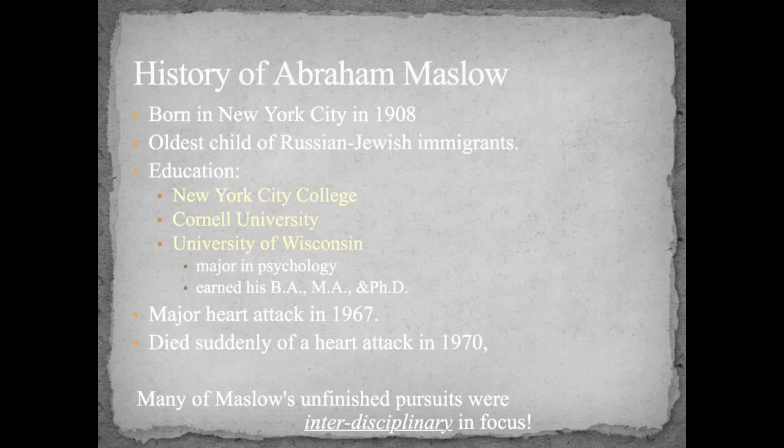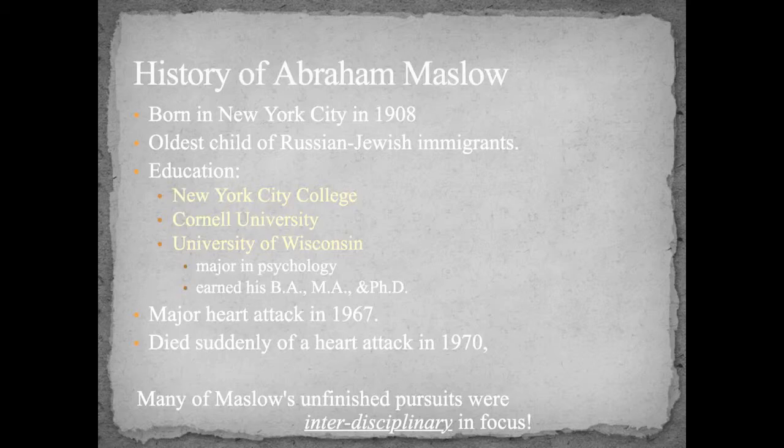Eventually, Maslow developed strong idealistic notions to improve the world through science. So he went to school in New York City College, and Cornell University, didn't do too well there, transferred to the University of Wisconsin, and majored in psychology.